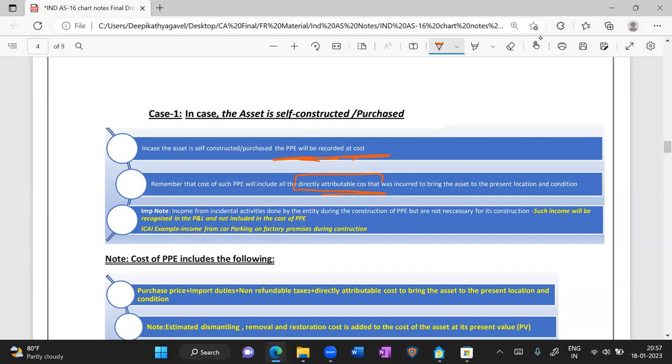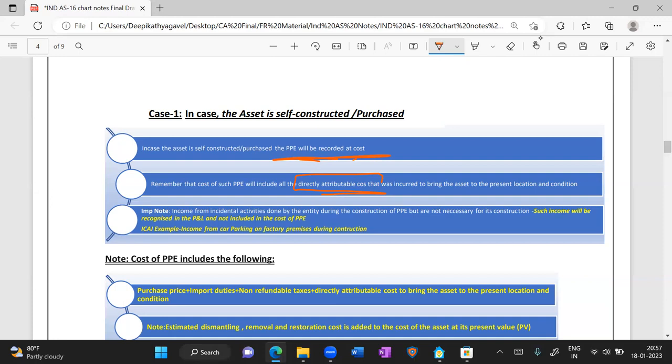Now, I am asking the standard, can I adjust this income with the cost of the PP? What am I asking the standard? This incidental income that I have earned by using this particular land as parking area, can I adjust this incidental income with the cost of the property, plant and equipment? The standard very clearly says no. You cannot do any such adjustment, because the incidental activity had nothing to do with the construction of the building.